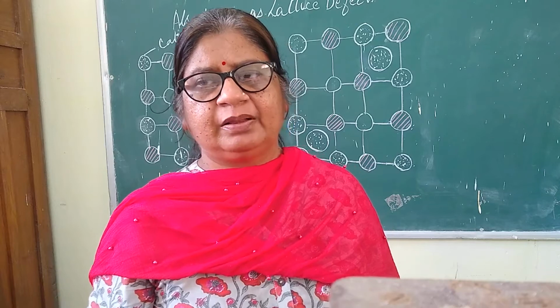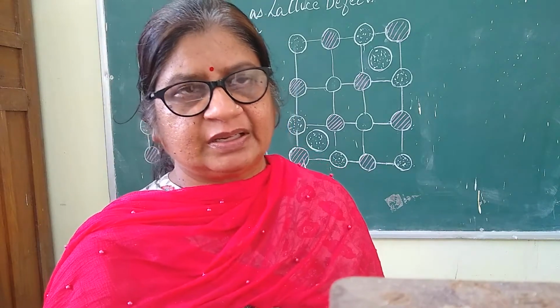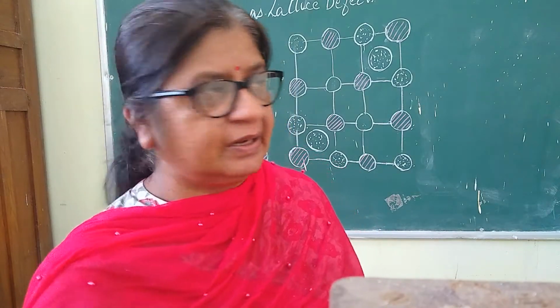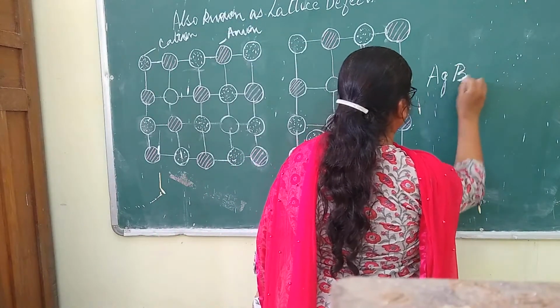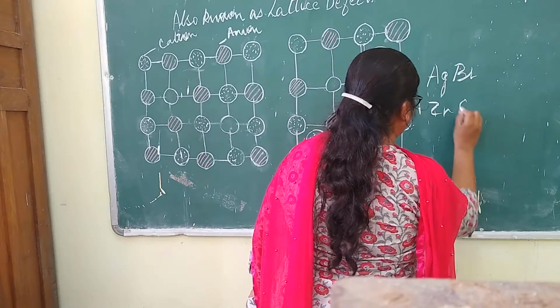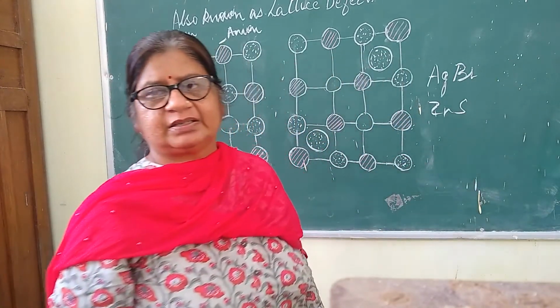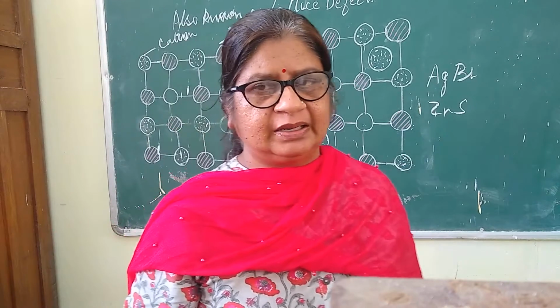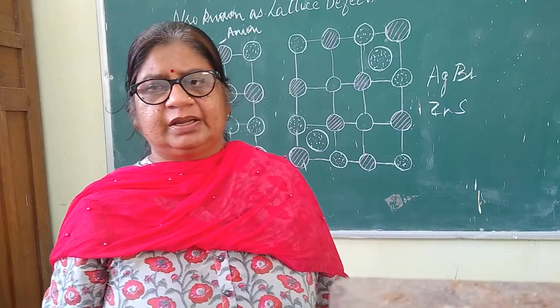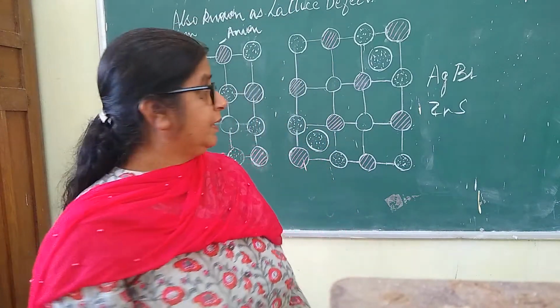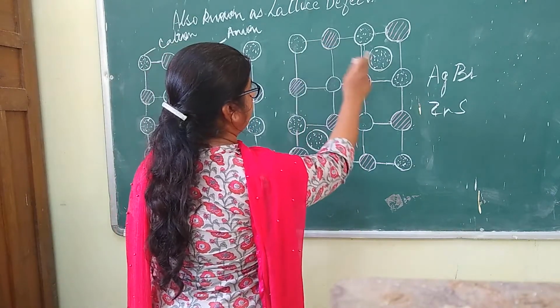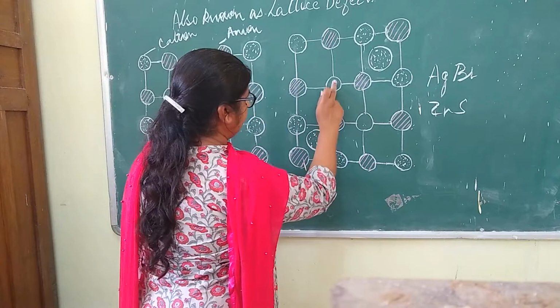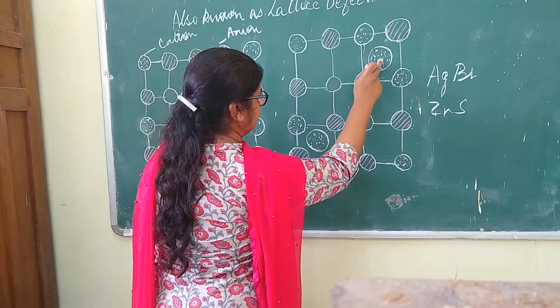For example, this defect is seen in silver bromide, zinc sulfide, and many other solids. Here, if I say this is silver and this is bromide, the silver leaves its space from here and occupies here.